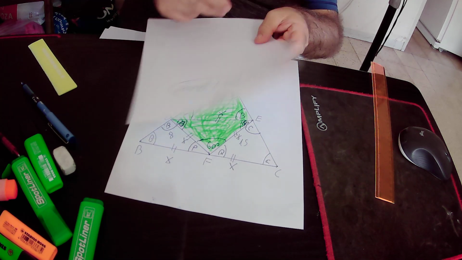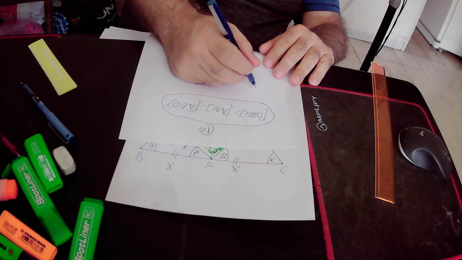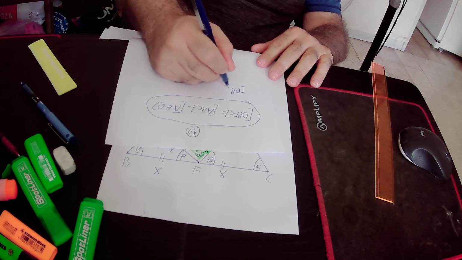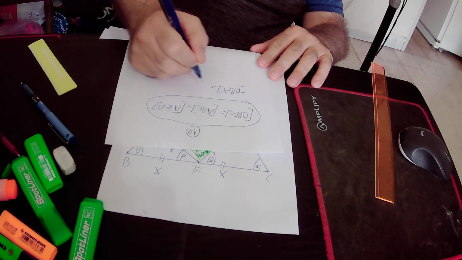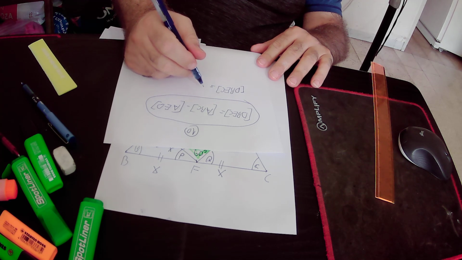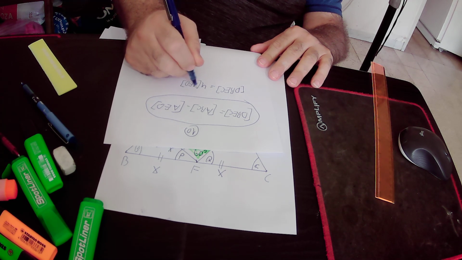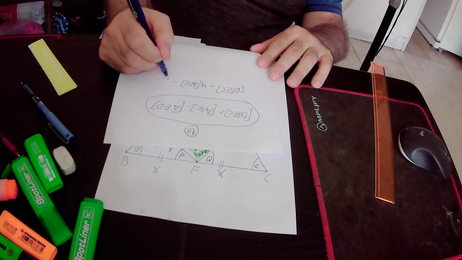So we will do it now, and we will get that the area of the quadrilateral DBEC equals the area of triangle ABC, that is 4 times the area of triangle AED, minus the area of triangle AED.